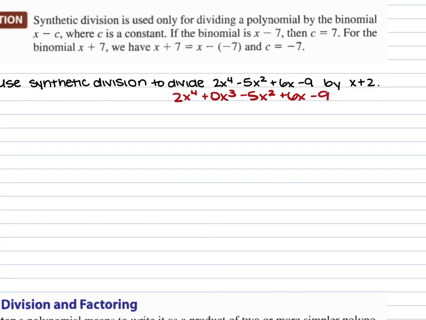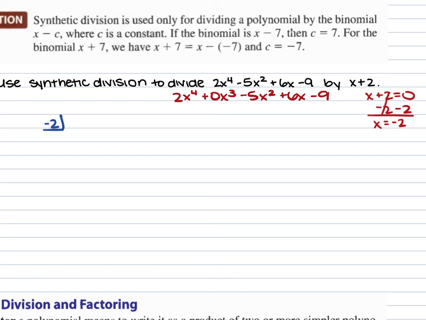Take the binomial that you're dividing by, set it equal to 0, and solve for x. Move the 2 over by subtracting it from each side. You get that x is equal to negative 2. So that negative 2 is going to go on the outside of your synthetic division.